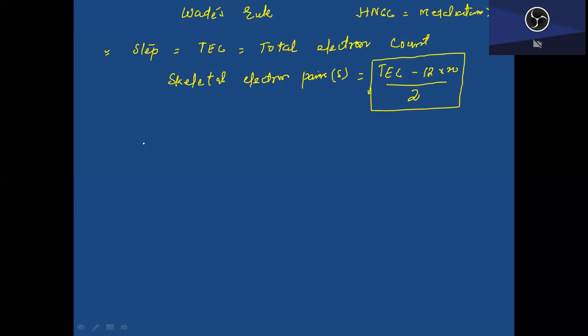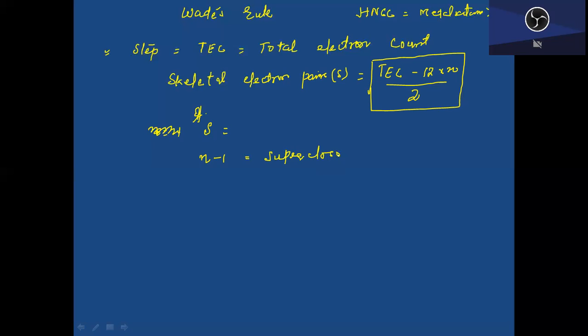If the number of skeletal electron pairs S comes out to be N minus 1, then the structure is known as supercloso structure.